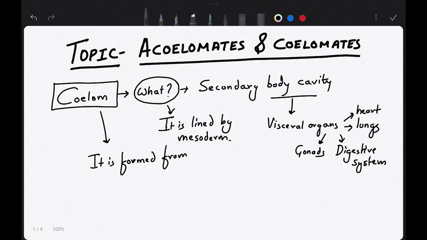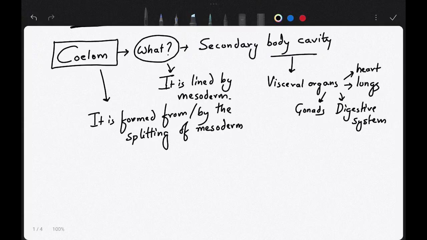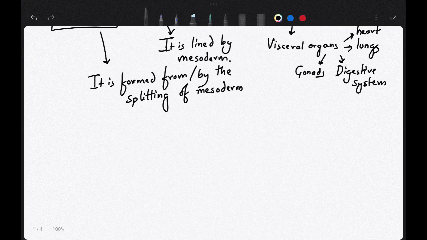In the upcoming classes we will learn how this formation takes place. In today's class, just note down that it is formed by the splitting of mesoderm.